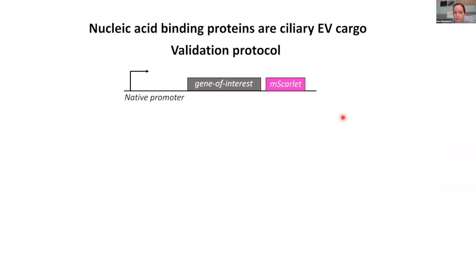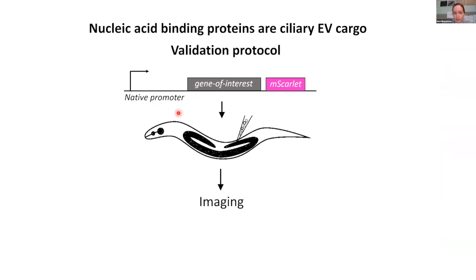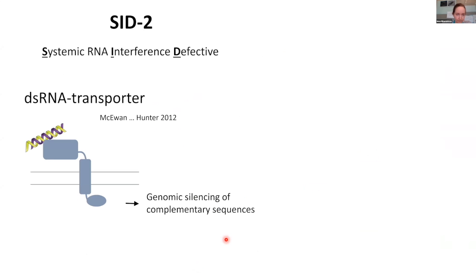So our validation protocol included creating a reporter on a native promoter, injecting it into the worm, and imaging with high resolution. I'm going to show you some images of those cargoes. And first is this SID2 that is unique to nematodes. SID stands for systemic RNA interference defective.